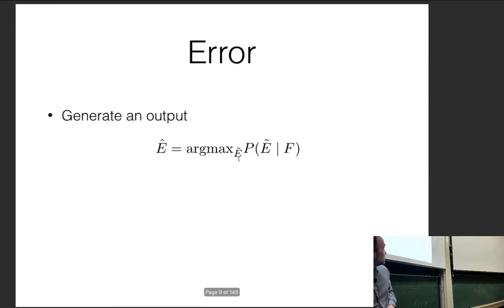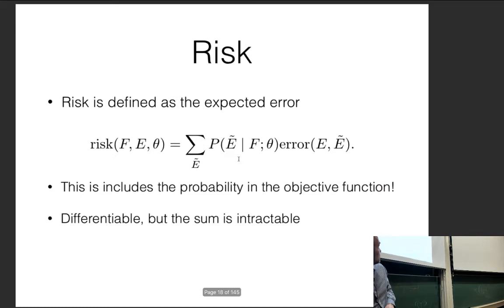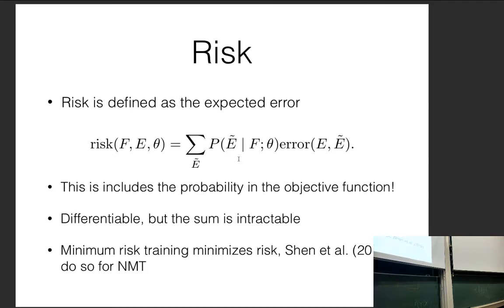So basically, what I want to say here is that this error, or this risk, is very similar to the likelihood function if this error is equal to this 0-1 loss, where you get an error of 1 if you get anything wrong, and you get an error of 0 if you get everything correct.